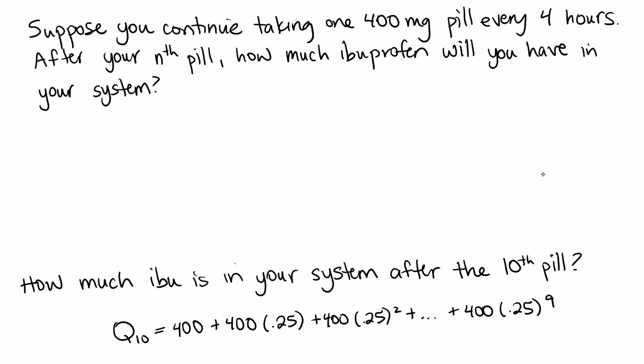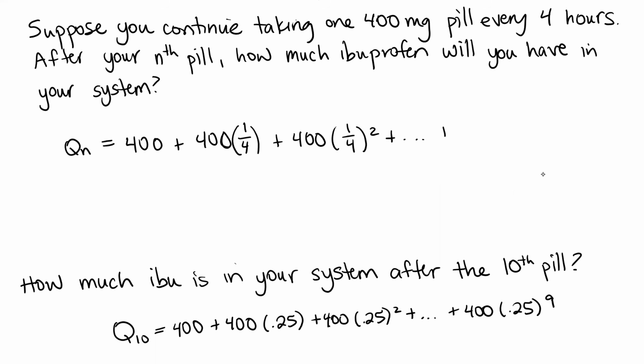All right, so our rule was that Qn is equal to 400 plus 400 times 1/4 plus 400 times 1/4 squared plus all the way up to plus 400 times 1/4 to the n-1. So if we want to apply this to find the amount after your 10th pill, we're looking for Q10.